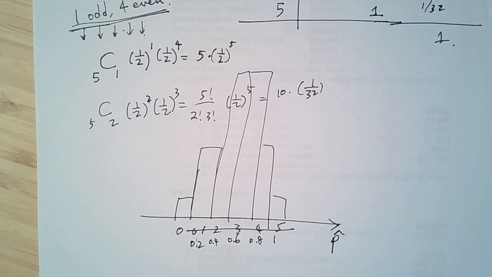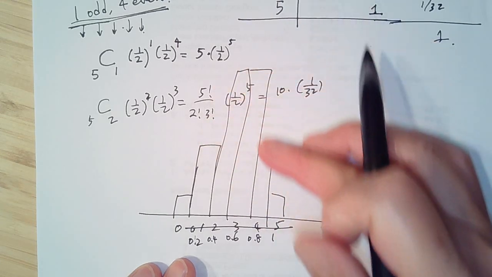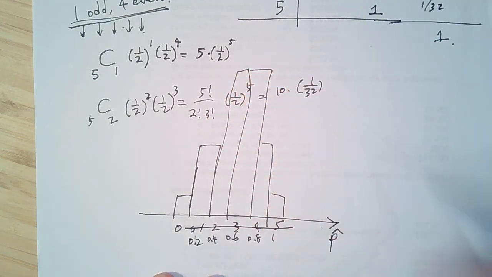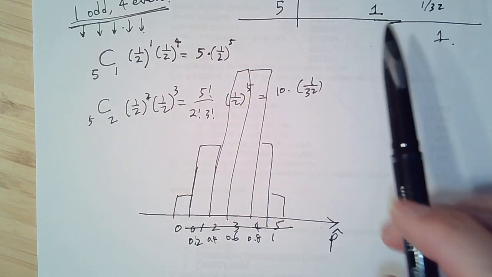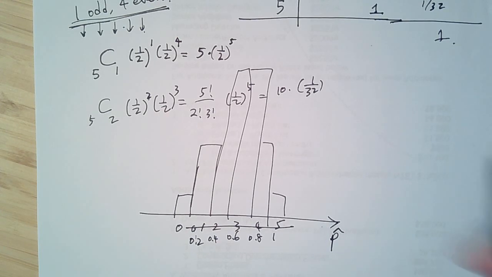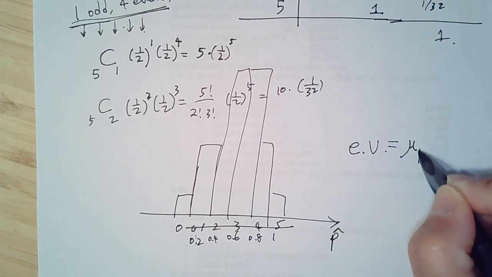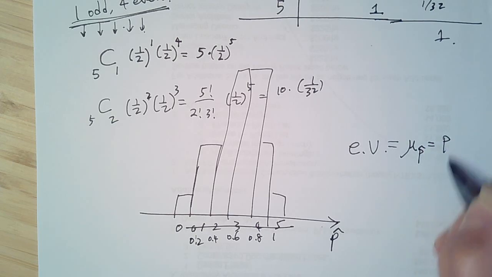All right, now we're going to do this again and again for many, many times. So what is the average of this? Or for this distribution, what is the mean of that? How do you find the mean? Expected value? That was a while ago, right? So the mean, the expected value, is the mu of p hat, which is the same as p.